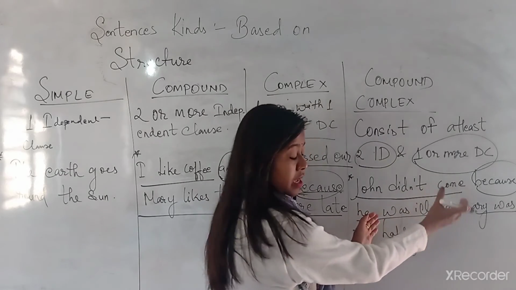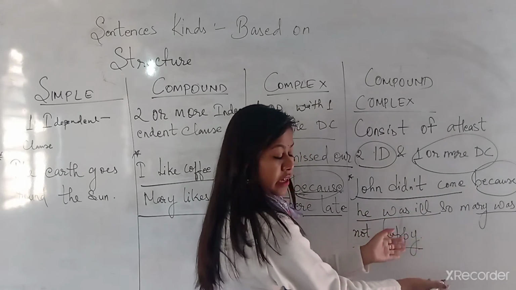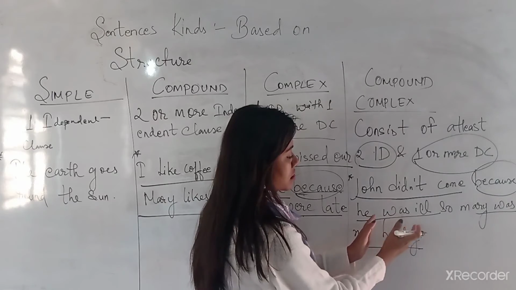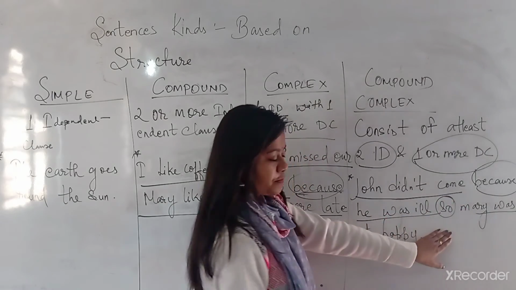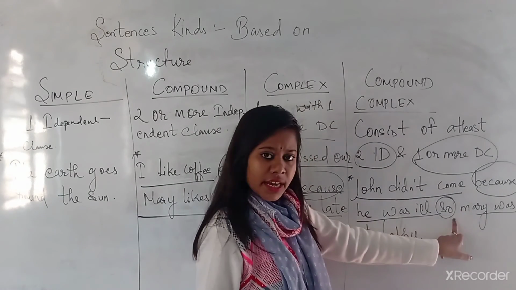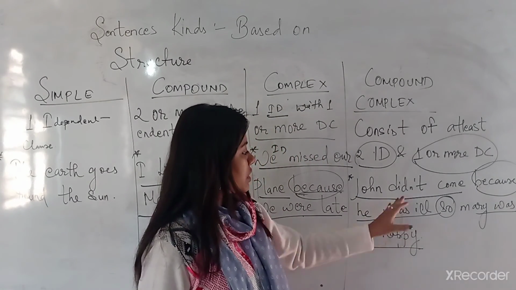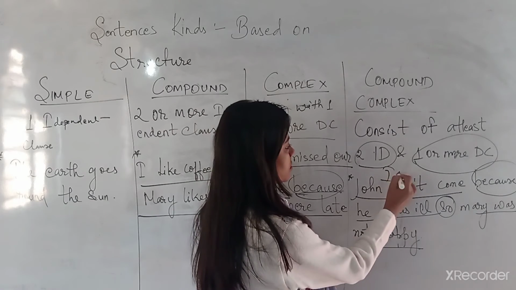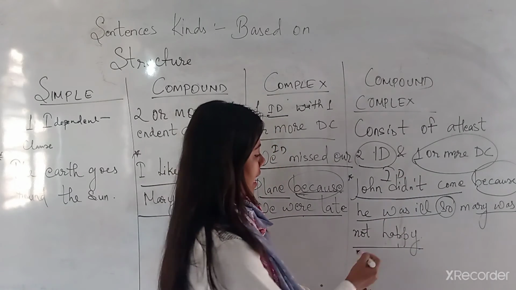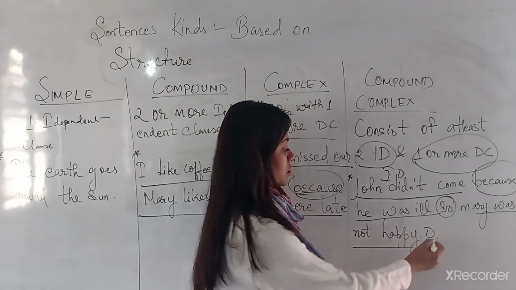John didn't come because he was ill. Again we can see 2 clauses joined by the conjunction 'so'. Mary was not happy. Okay, so these 2 are independent, and this one is dependent.